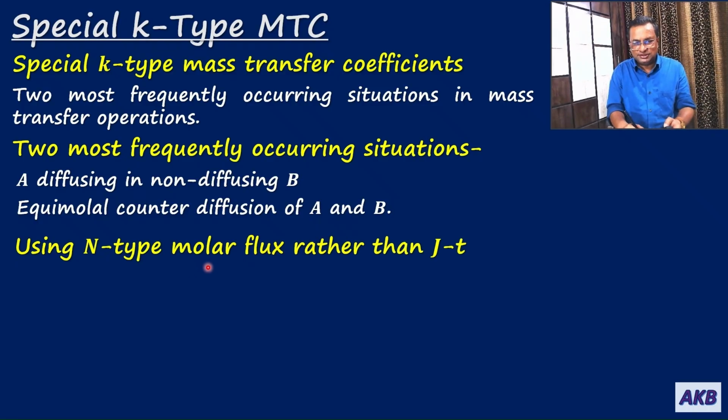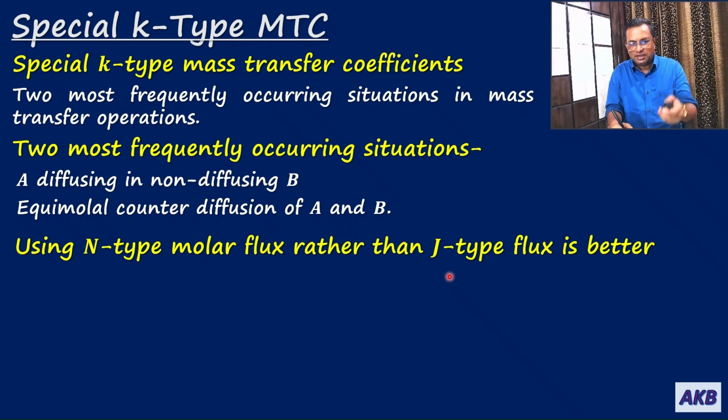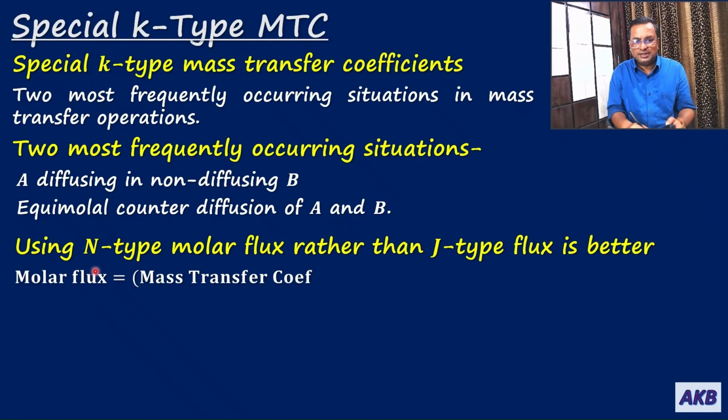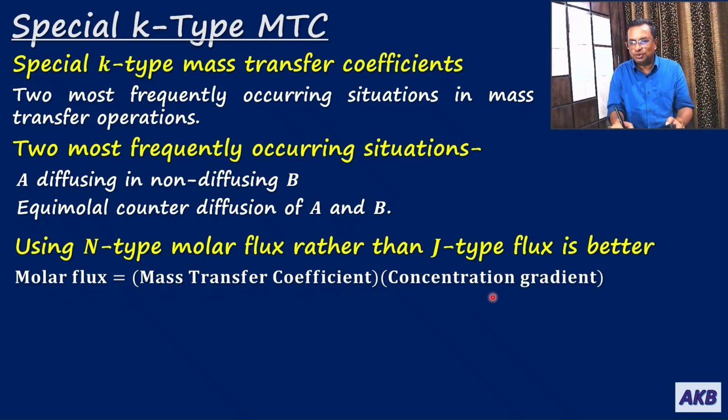But while defining these special K-type mass transfer coefficients, we will be using N type of molar flux rather than J type of molar flux, because that would be better. So we will know how different mass transfer coefficients come into picture. I will be discussing them in my next video lecture, as I said. So the defining equation: molar flux is equal to mass transfer coefficient into concentration gradient or the driving force.